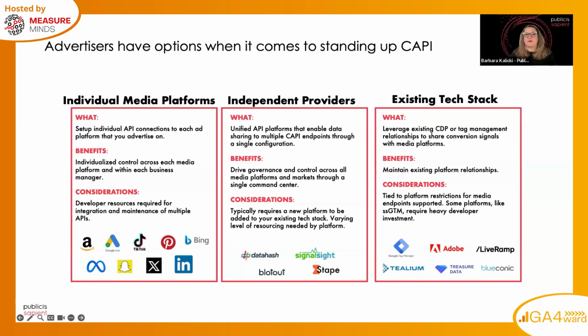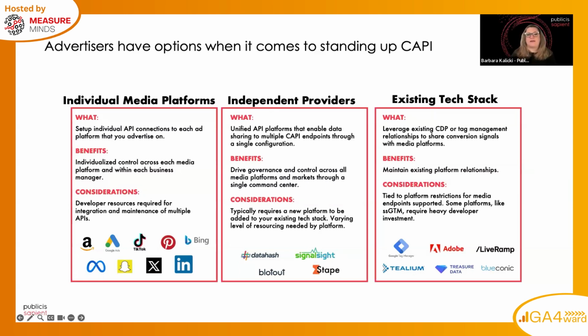So with each media platform, you have to connect them individually. Independent providers are out there, and they are able to help you stand up CAPI. They have the cloud servers that are going to host the APIs, and they'll probably charge you a monthly data processing fee. And then your existing tech stack, things like Google Tag Manager, you can set up server to server Google Tag Manager. Adobe has their own solution, LiveRamp, Tealium, Treasure Data.